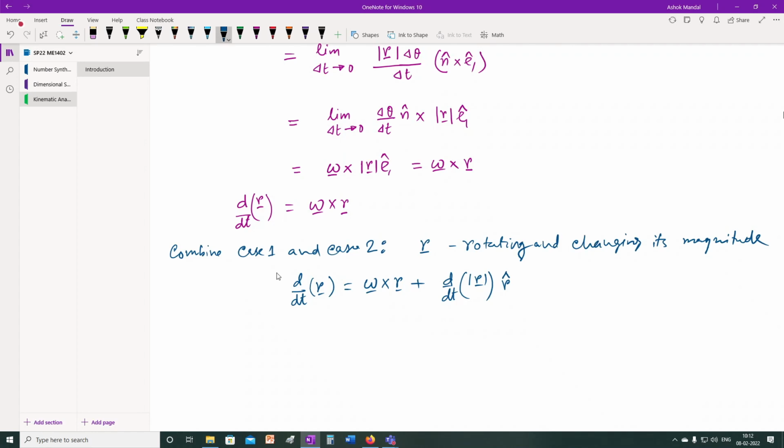So here we establish the derivative of any vector. R is any vector. For this case, we said that this is a position vector, but R is any vector. Its derivative can be written like this.